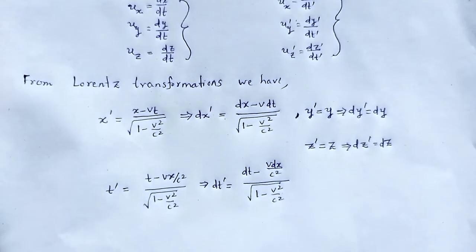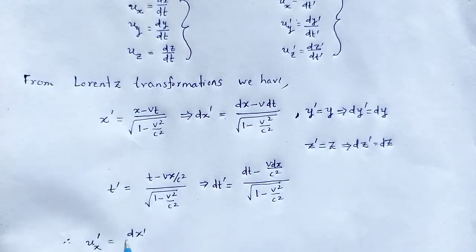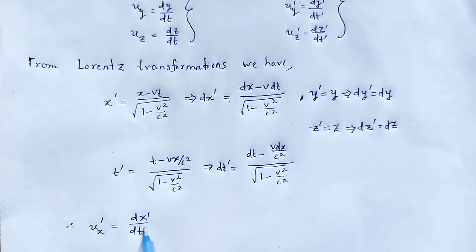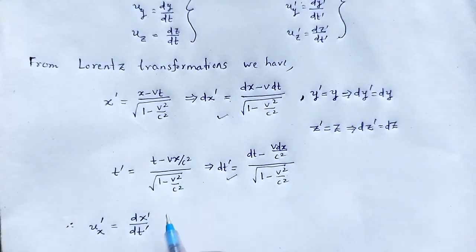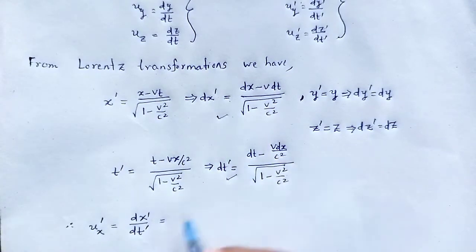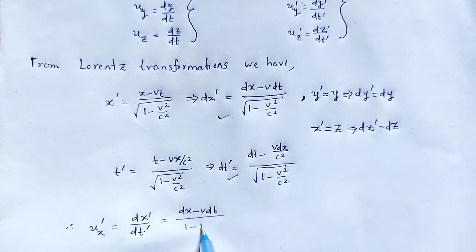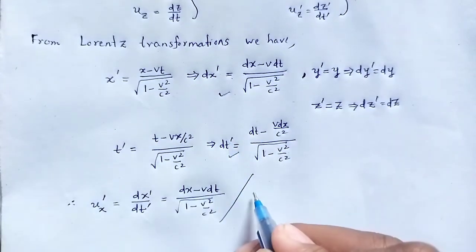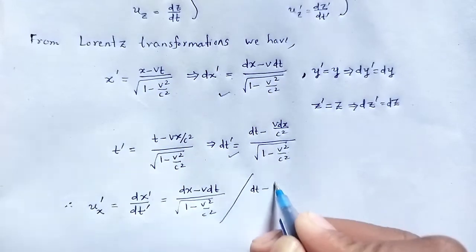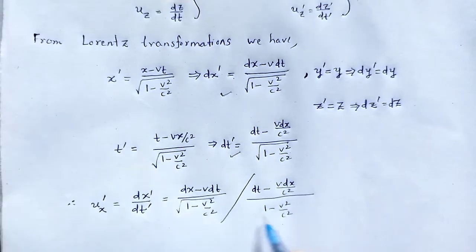Therefore, what is the value of ux dash? We know that it is dx dash by dt dash. Now putting the values of dx dash and dt dash, that is dx minus v dt divided by the square root of 1 minus v square by c square, whole divided by dt minus v dx by c square divided by the square root of 1 minus v square by c square.